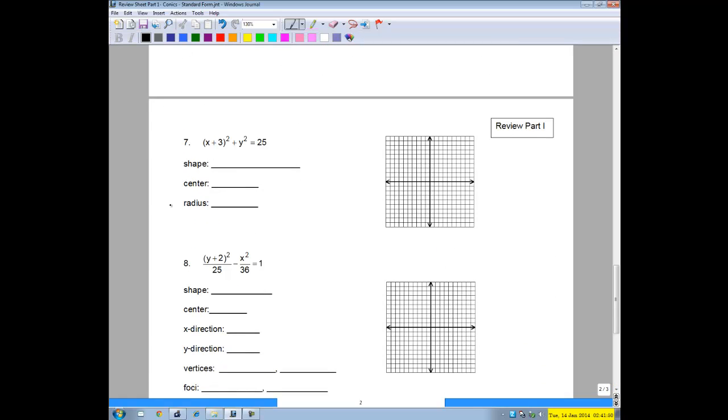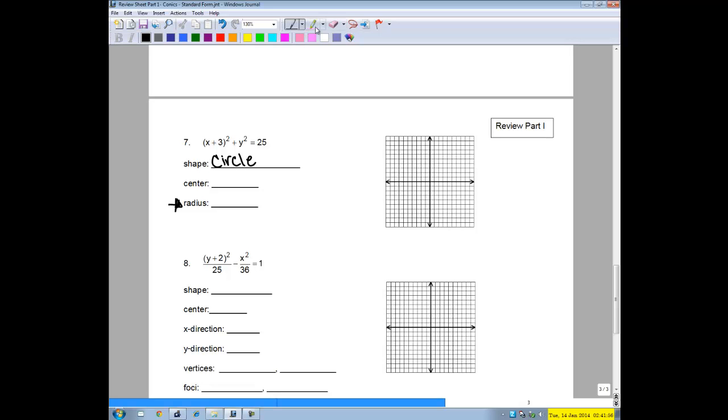This one is a circle. It's the only thing that has a radius. So my shape is a circle. Its center is at whatever is next to our x and y, but the opposite sign. So since it says +3, it will be a -3. My y, there's nothing there, so it's 0. So -3, 0.